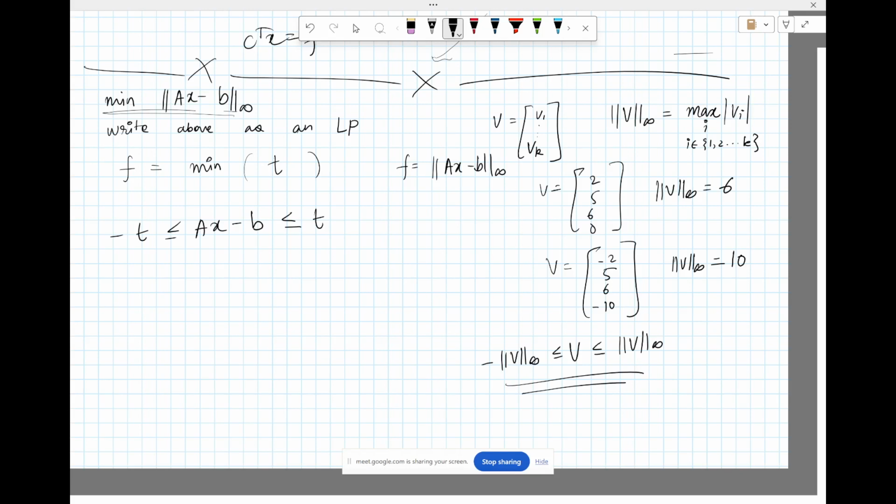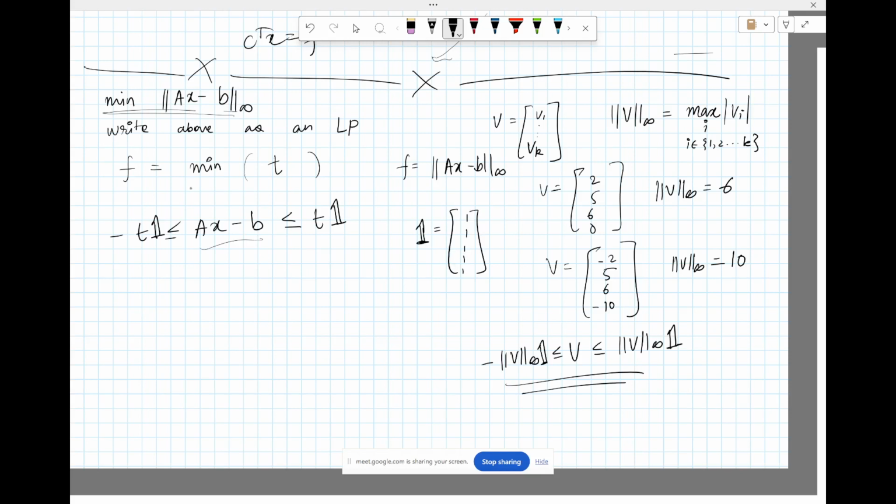So this t is multiplied by some vector of ones, that we can say infinity norm of v into one vector. This one vector is a vector of ones because this is a vector now.